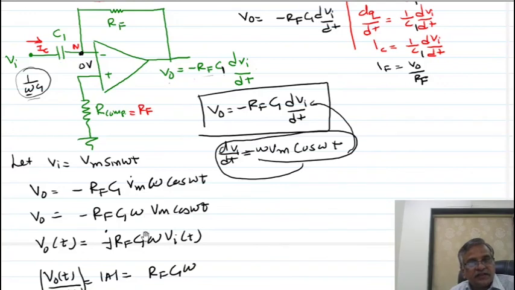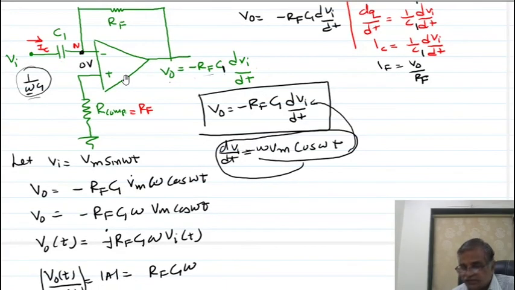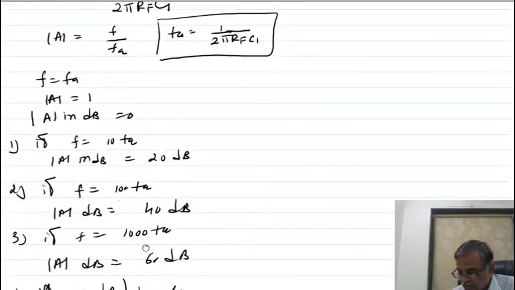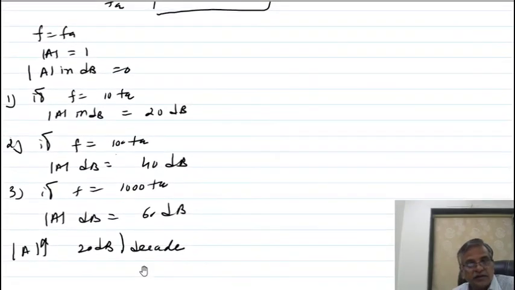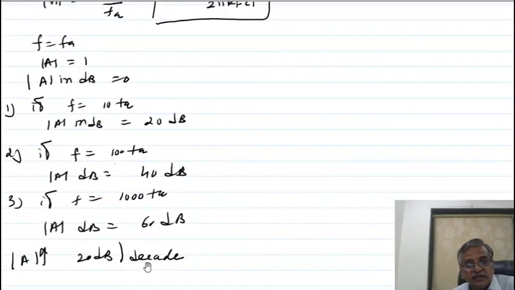See, this circuit has two problems. One, as frequency increases, the gain of this circuit increases according to this equation. At high frequency the gain becomes very large, and as a result the circuit becomes unstable and breaks into oscillation.